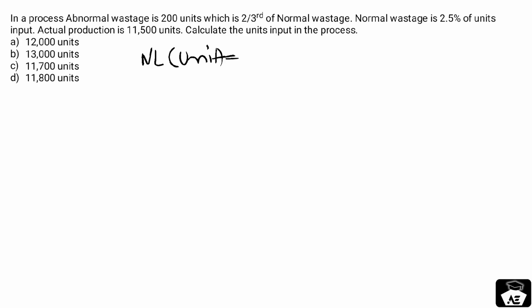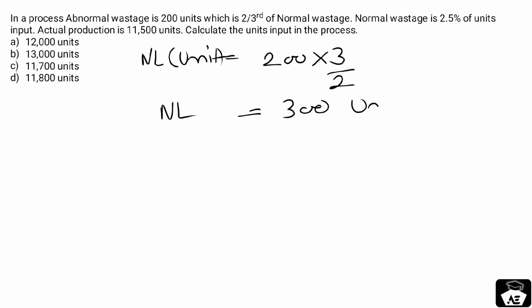So you can simply do it that 200 multiply by 3 divide by 2, you will get your normal loss, that is 300 units.